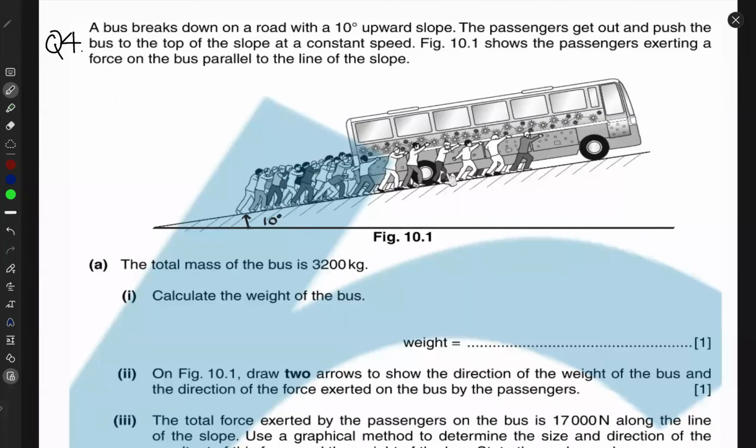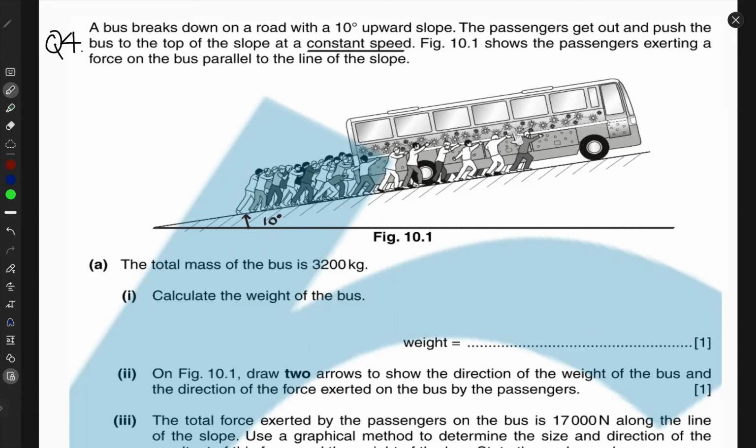The bus breaks down, which means the engine stops and it's not going to move anymore by itself. Now you have to push the bus up the slope. So the passengers get out and push the bus to the top of the slope at a constant speed.